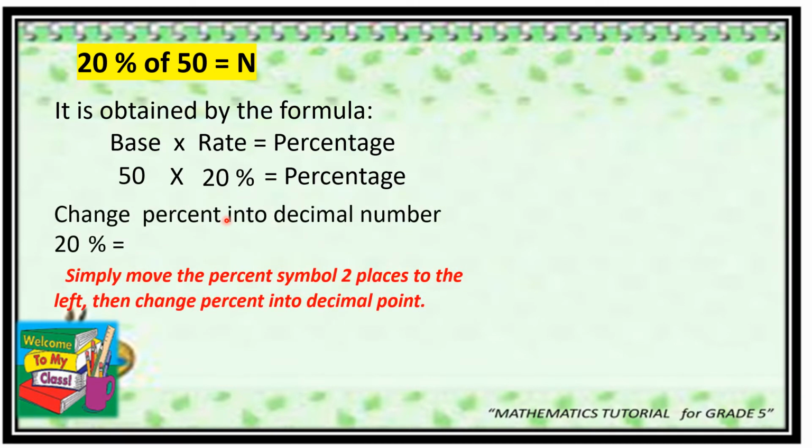Before we proceed in multiplication process, you will change percent into decimal number. So, from 20%, gagawin natin itong decimal number. How? You will simply move the percent symbol 2 places to the left, then change percent into decimal point.